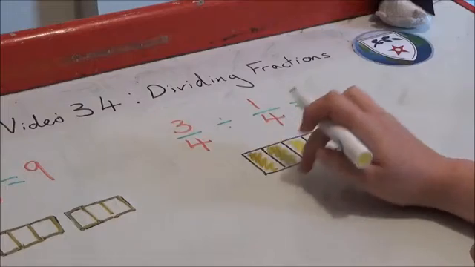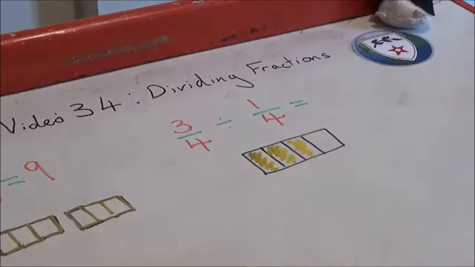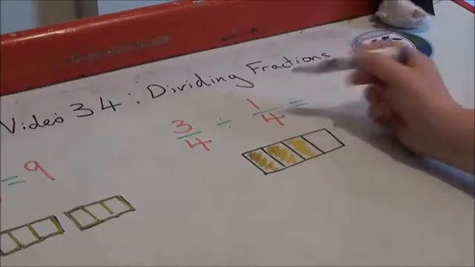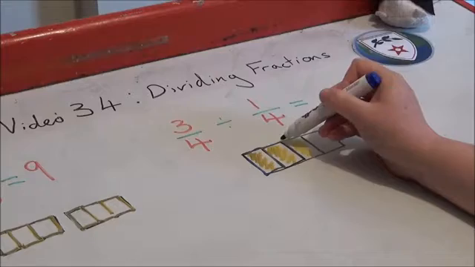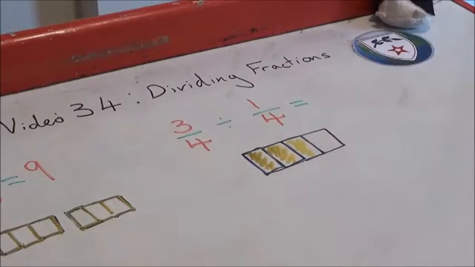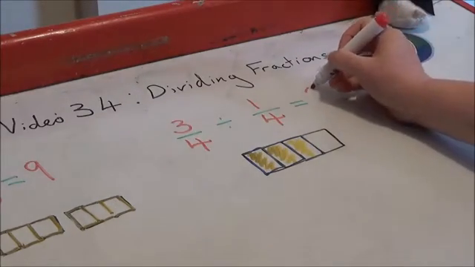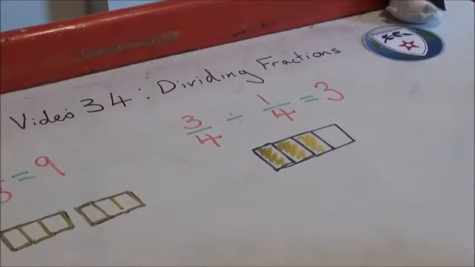So that's my fraction I've got. How many groups of 1/4 can I get from that? 1, 2, 3. So my answer is 3.